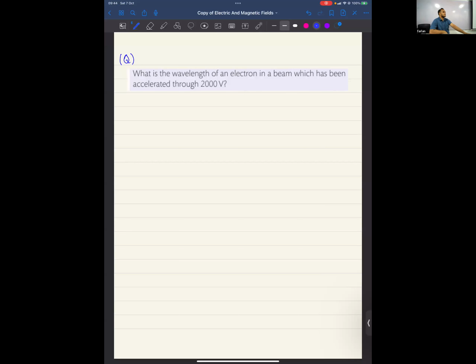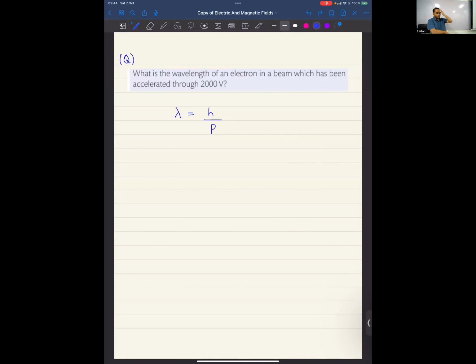Lambda equals h over p. Lambda is the wavelength associated with the moving particle, h is the Planck constant, and p is the momentum of the particle. Correct? So I'm going to use that here.